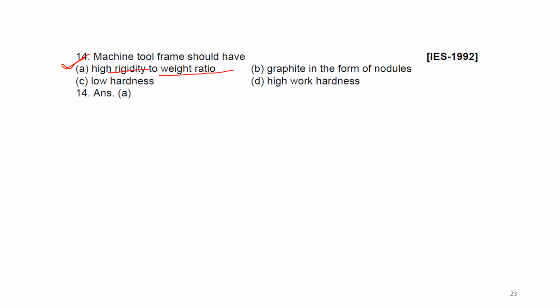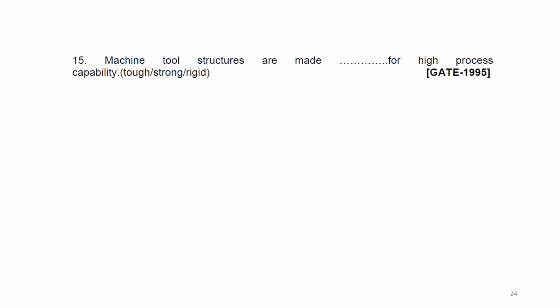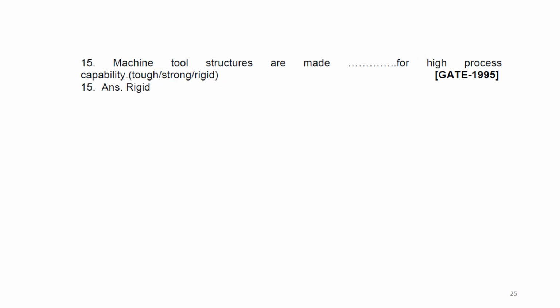Next question, machine tool structures are made blank for high process capability. We have to fill this gap with tough, strong, or rigid. So this is actually rigid. So machine tool structures are made rigid for high process capability.